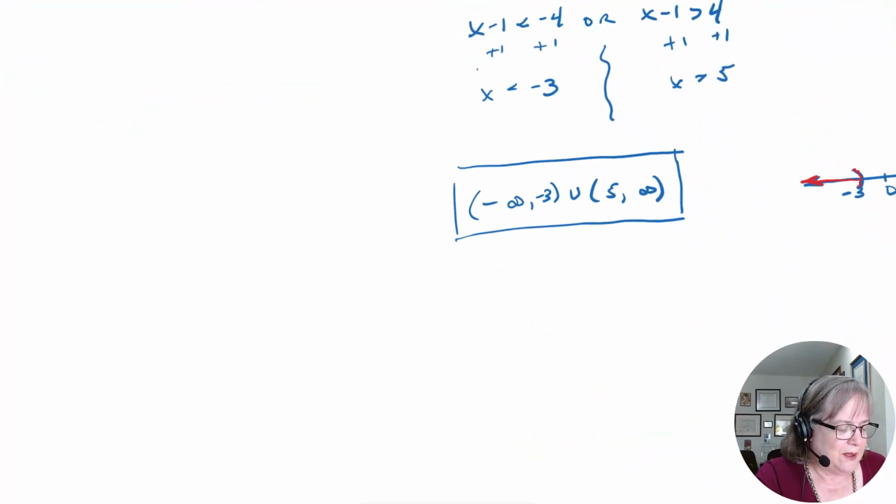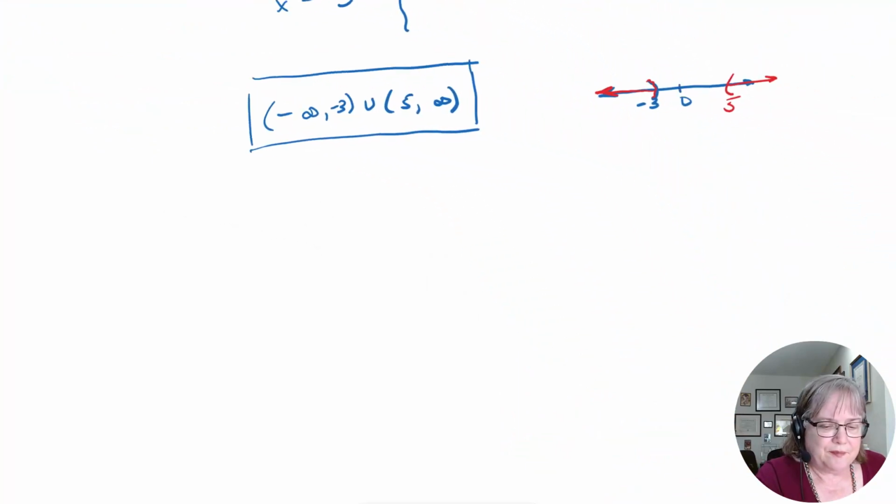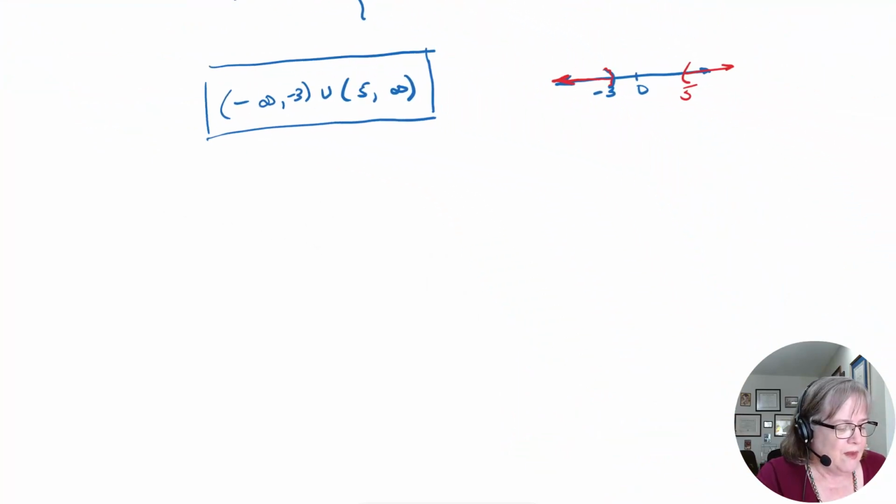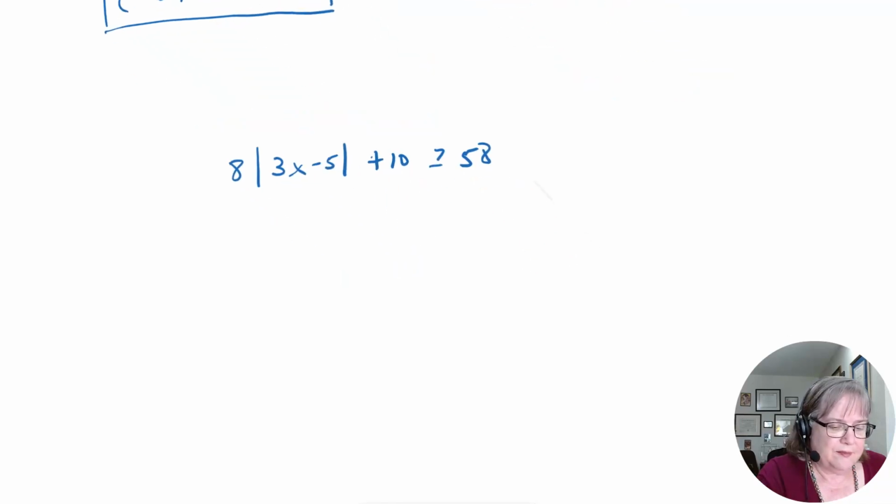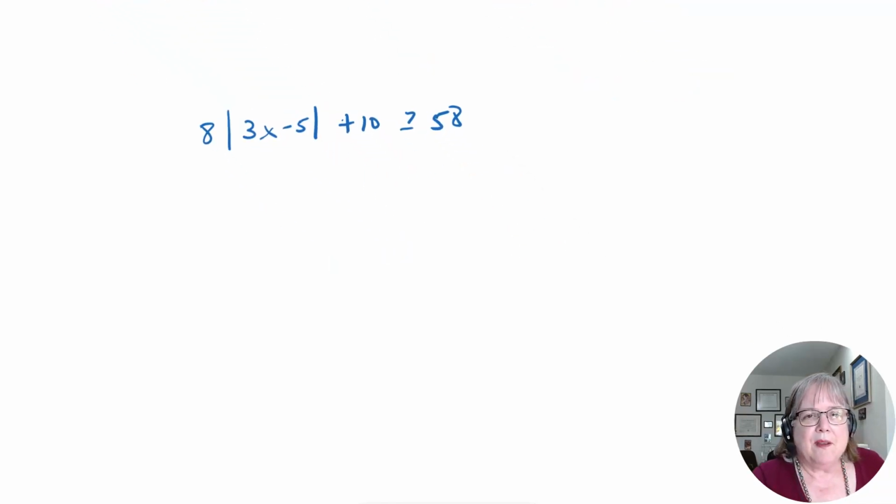So let's try one that's a little bit more complicated. What if we have 8 times the absolute value of 3x minus 5 plus 10 is greater than or equal to 58? All right? So we would go, oh, it's an absolute value inequality, but we can do these.